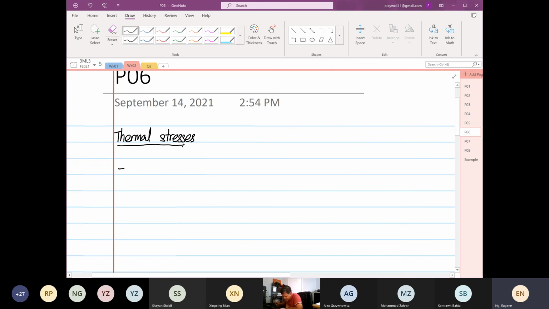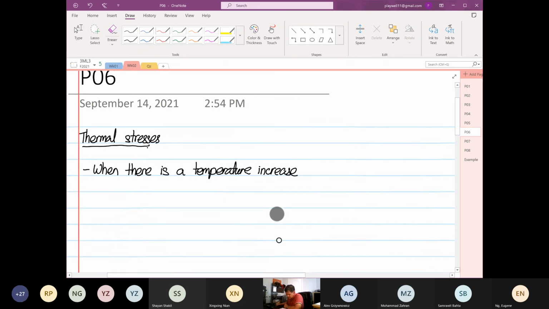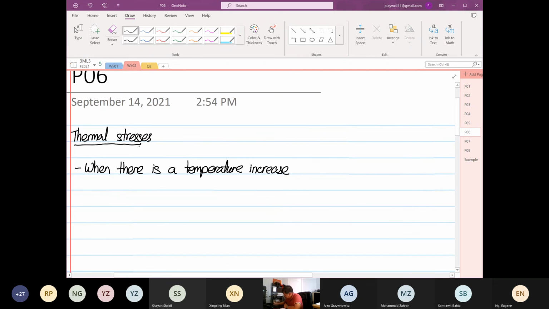So when there's a temperature increase, the change in length will increase.